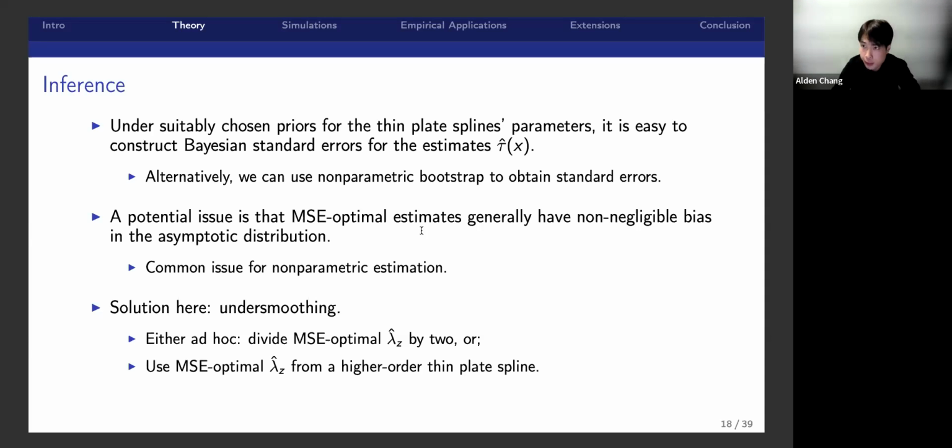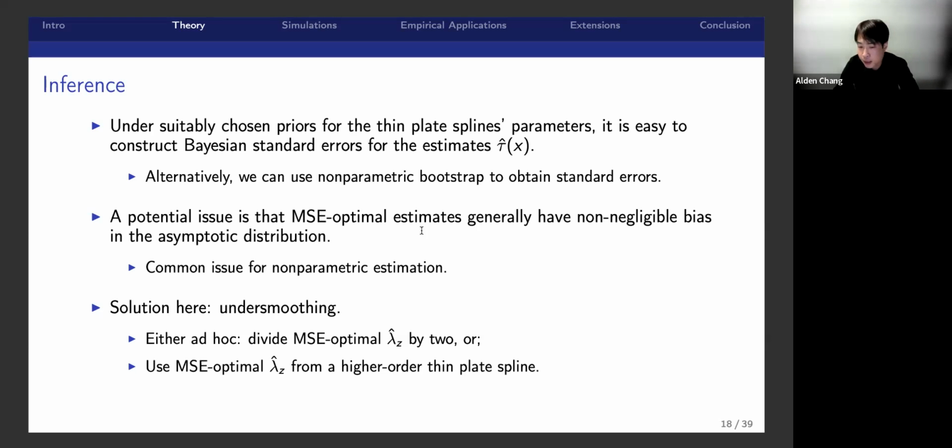Now there is a potential issue with inference when we are using mean squared error optimal estimates. And this is not a problem specific to my method, but is actually quite general for all non-parametric methods. Specifically, when we are computing mean squared error optimal estimates, we are trading off variance and bias of the estimator.